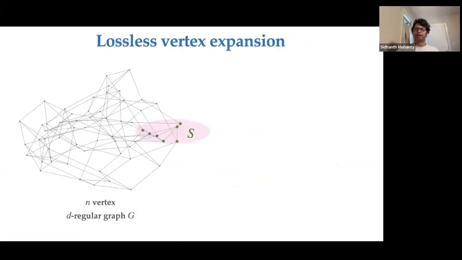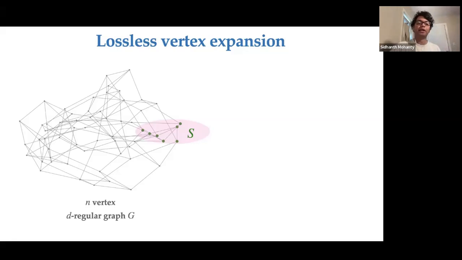Okay, so let's jump into the math of the talk. So first I'll define this notion of lossless vertex expansion, which is going to be the key subject of this talk.